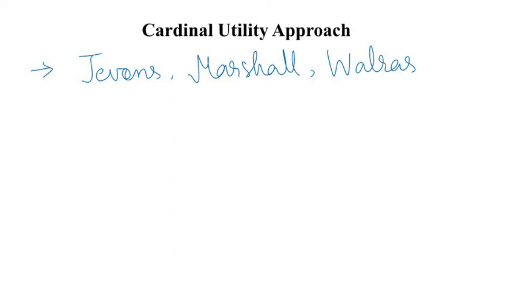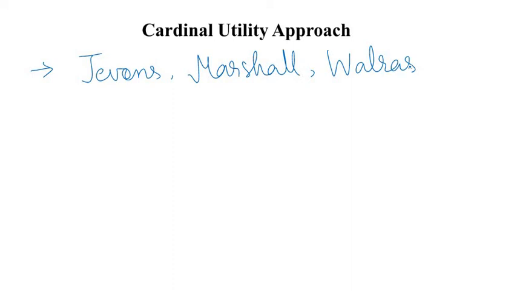When we consume different commodities, we get satisfaction from that consumption, and that satisfaction is termed as utility. Now, according to these marginalist economists, utility can actually be measured.